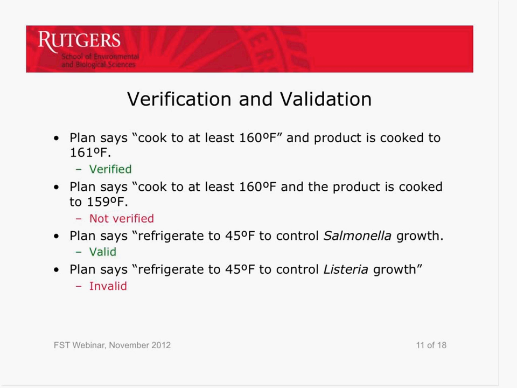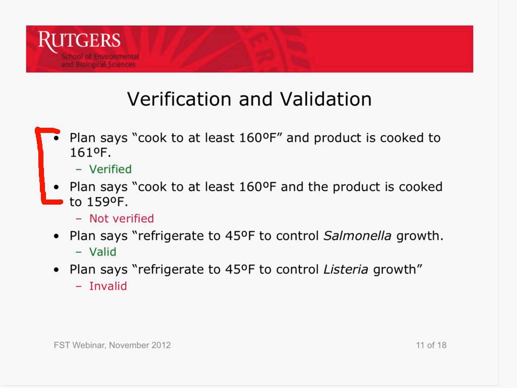You determine that, for that given sample, you have cooked it to at least 160 degrees Fahrenheit. Conversely, if the plan says that you're going to cook the product to at least 160 degrees Fahrenheit, and you make a measurement and discover that the product was in fact cooked to 150 degrees Fahrenheit, you're not verified. So again, this is why I say repeatedly that verification is rather simple.